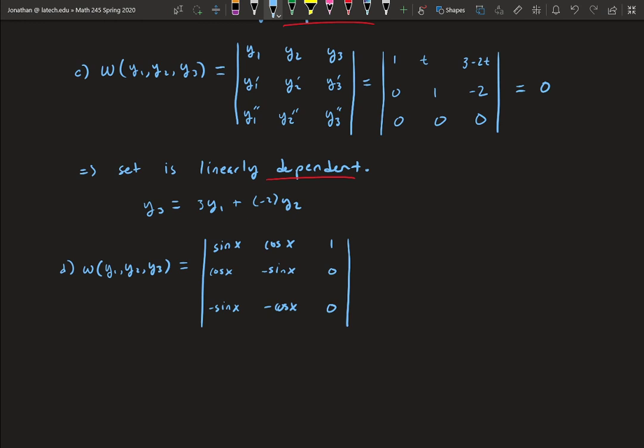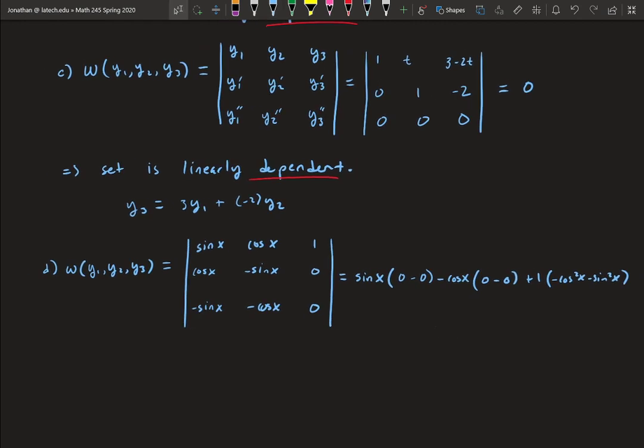Now this 3 by 3 determinant, you can expand along any row or column. Normally we expand along the top row. So I'll do that, sine x times 2 by 2 subdeterminant, 0 minus 0, minus cosine x times the subdeterminant, 0 minus 0, plus 1 times the subdeterminant, negative cosine squared x, minus sine squared x.